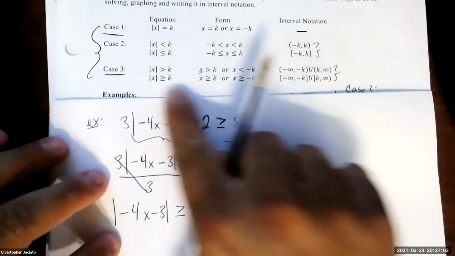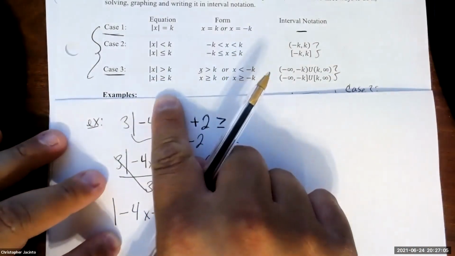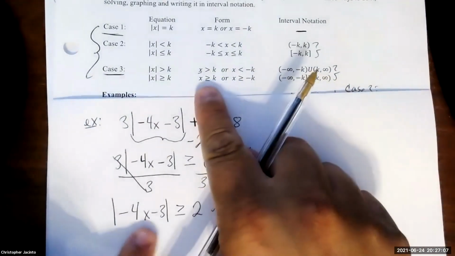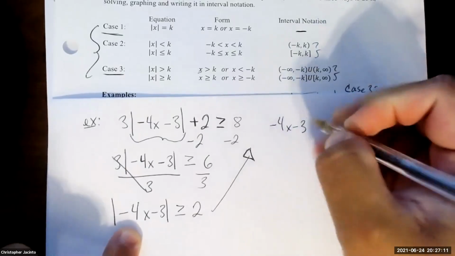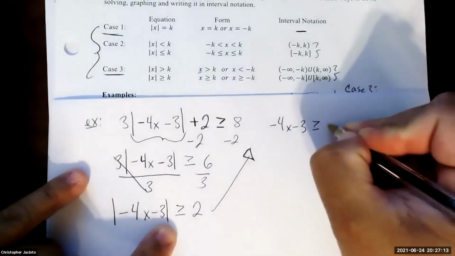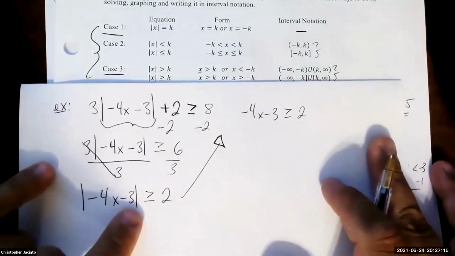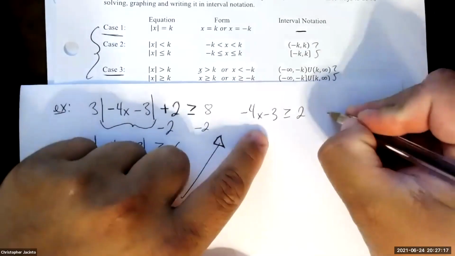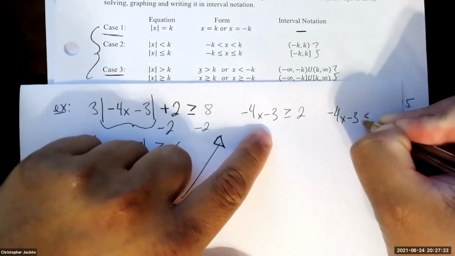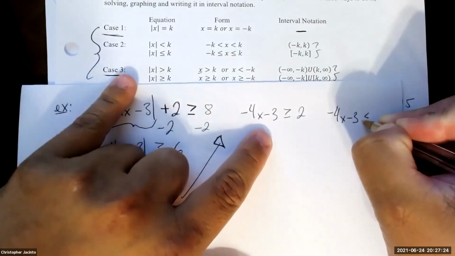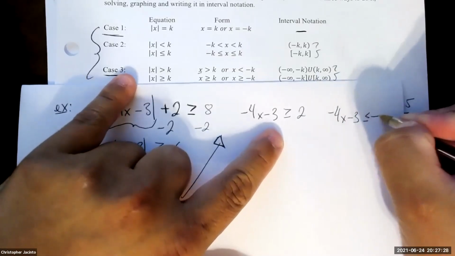All right. So since we're in case 3, we're going to follow this template. It's going to be exactly what we have inside the absolute value is greater than or equal to that number. We're also going to have, again, exactly what's inside the absolute value, and just flip the sign to the negative, so -2.